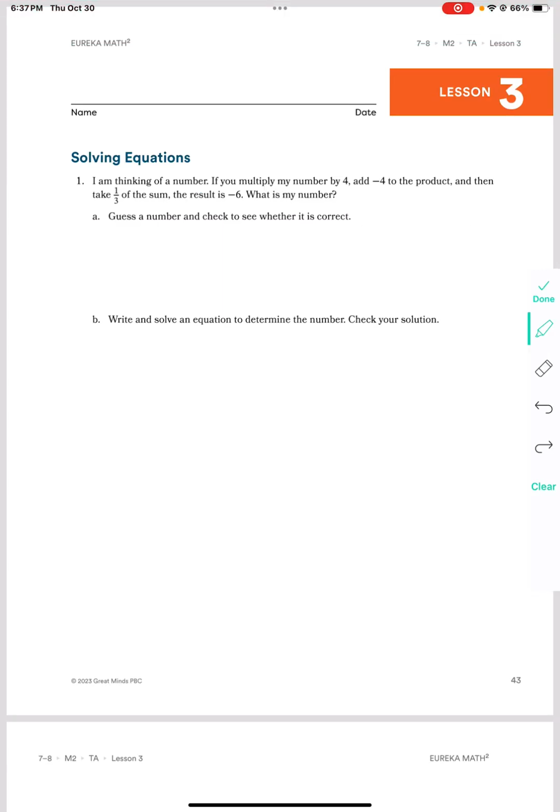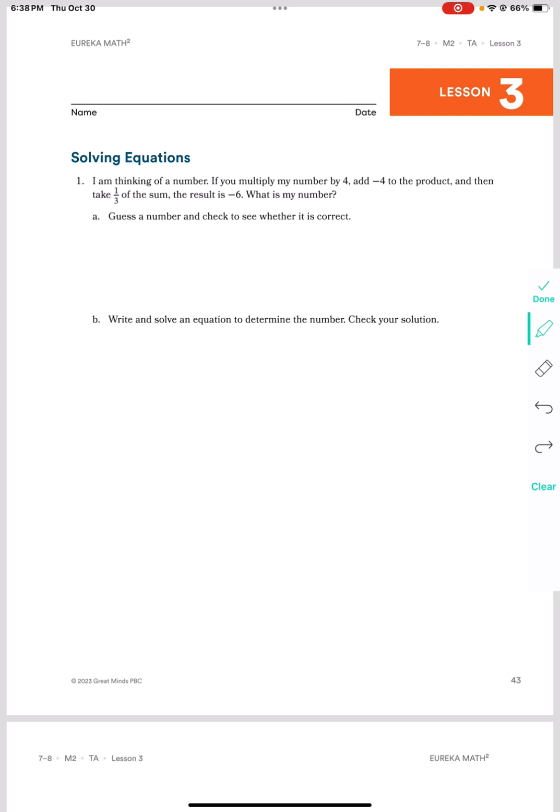If we look at number 1, it says, I am thinking of a number. If you multiply my number by 4 and add -4 to the product, and then take 1/3 of the sum, the result is -6. What is my number?